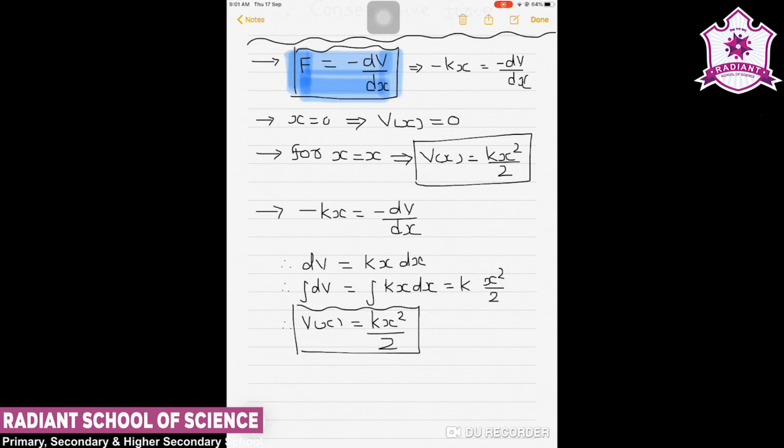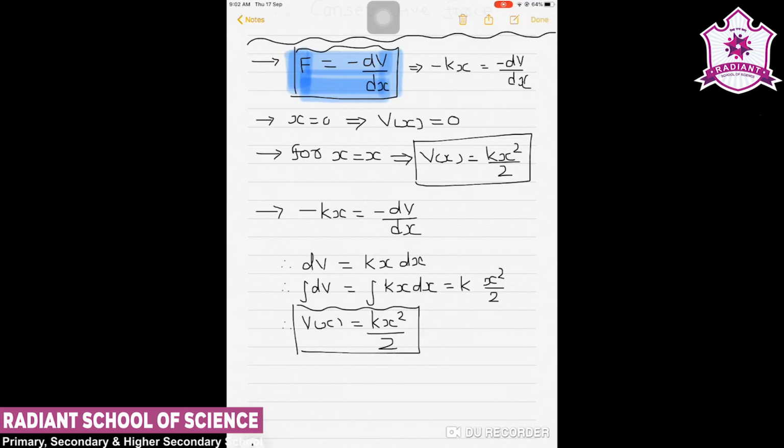Now we can also verify this for the maximum extension with mass m. Suppose the block with mass m experiences the maximum extension xm on both sides, that means on the right-hand side it experiences plus xm, while on the left-hand side it experiences minus xm displacement, and it is released. So when it is released, the spring-block system will have motion from minus xm to plus xm.